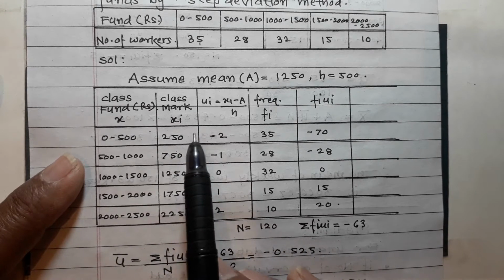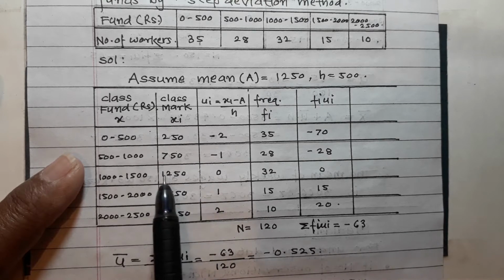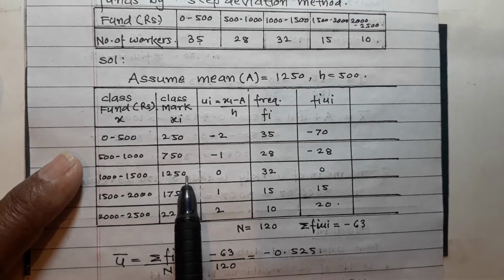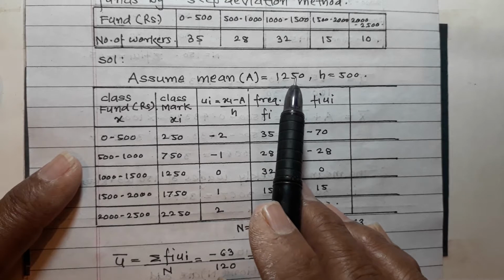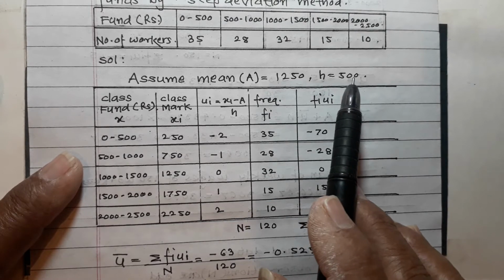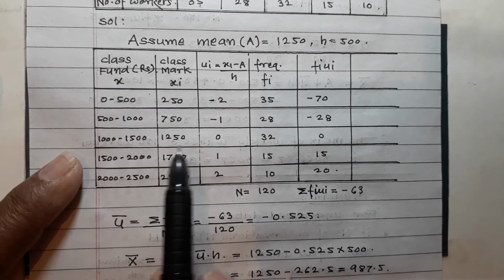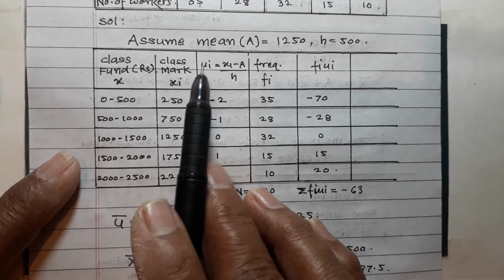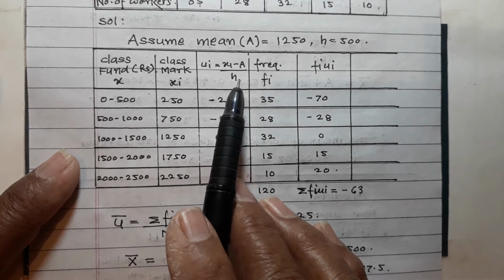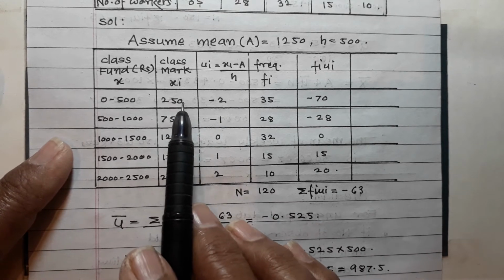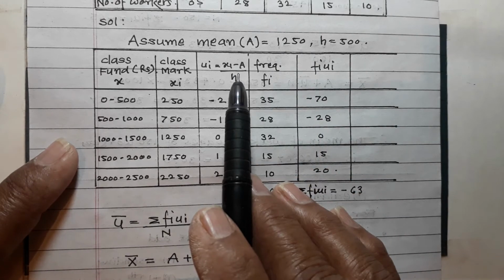How many are there? 1, 2, 3, 4, 5. So I assume my mean as 1250. So assumed mean a is equal to 1250 and h is equal to 500. Now find ui. So ui is equal to xi minus a upon h, that is 250 minus 1250 upon 500.